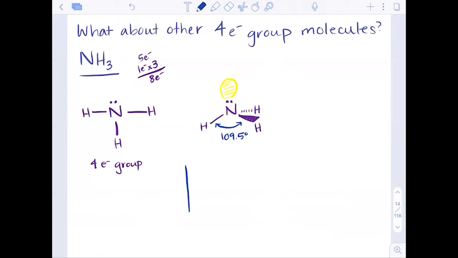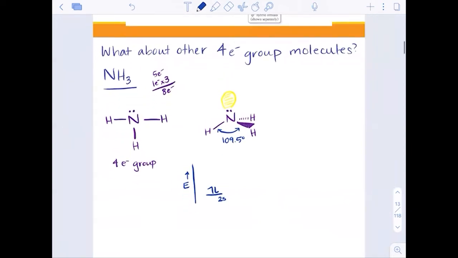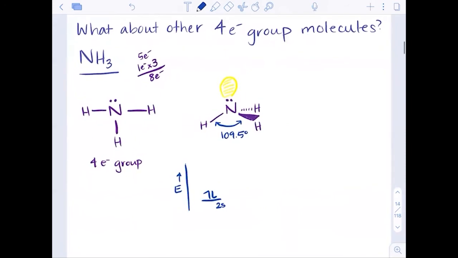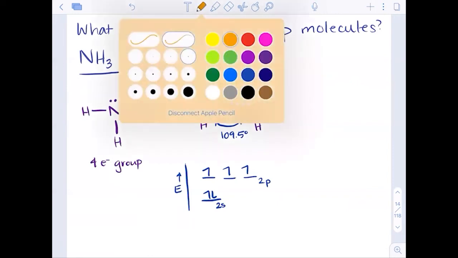Well, nitrogen in its orbital diagram had 2 electrons in the 2s and 3 electrons in the 2p. Again, we want nitrogen here to have 4 electron groups. So what are we going to do?